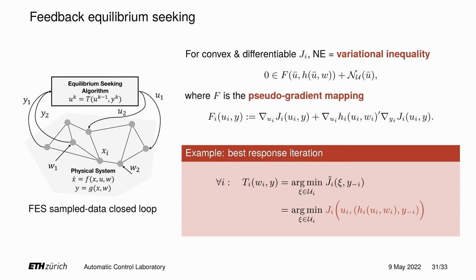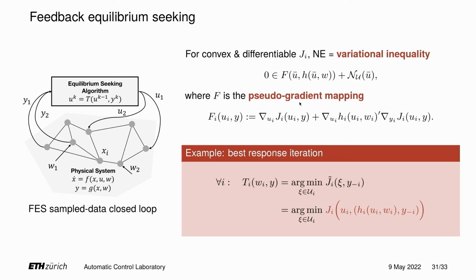So this pseudo-gradient mapping of the game needs to be pointing inward in the set of feasible decisions, right? So that's the alternative. We heard about this fixed point definition of the Nash equilibrium and this geometric one. So that's the one where you want the pseudo-gradient mapping to point inward in the set of feasible actions.